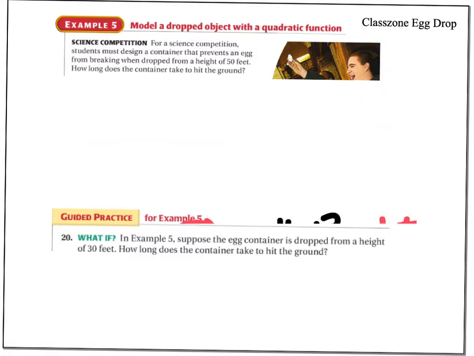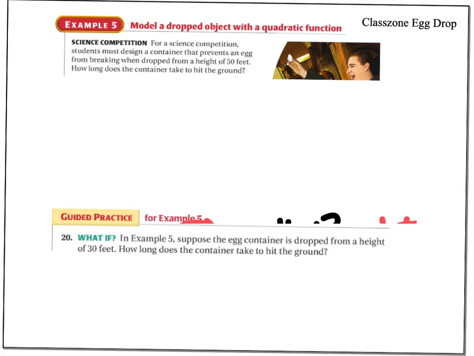And then because this is a real life problem, it doesn't make any sense unless you're magical that you can go back in time, so you can't go negative 1.8 seconds. So you would cross that solution out, and your final answer would just be that it took 1.8 seconds for your egg to fall 50 feet and hit the ground.